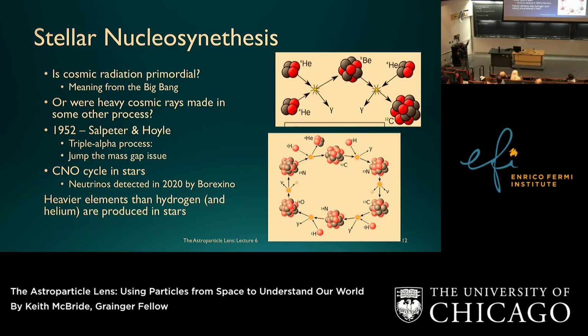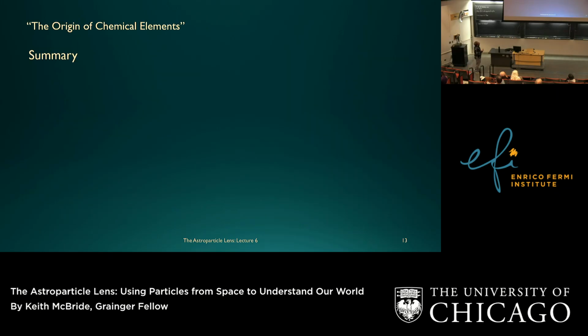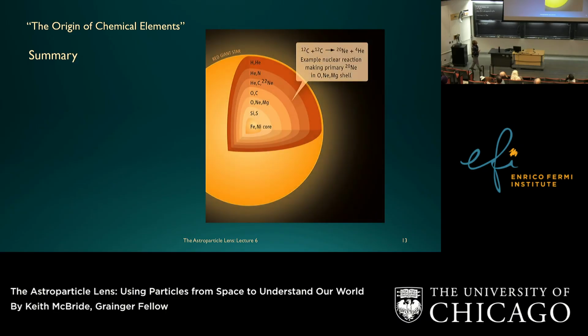So we know heavier elements than hydrogen and helium are produced inside of stars. So we can come back to the origin of these chemical elements and provide a little summary. We say stellar nucleosynthesis, and I'm summarizing an entire research field here, by the way, but stellar nucleosynthesis is where you have stars that start off with the protons from the Big Bang, but fuse and make helium, and later in their lives they fuse helium and make more material, and the more fusion that happens, the higher the nuclear content becomes of protons and neutrons, and eventually you get to this iron core.